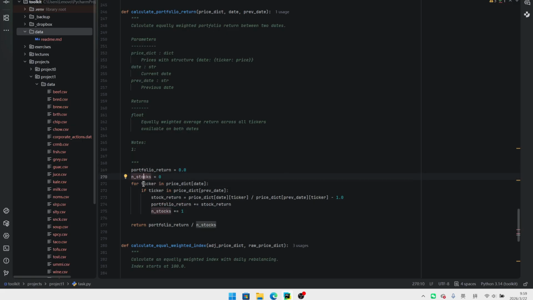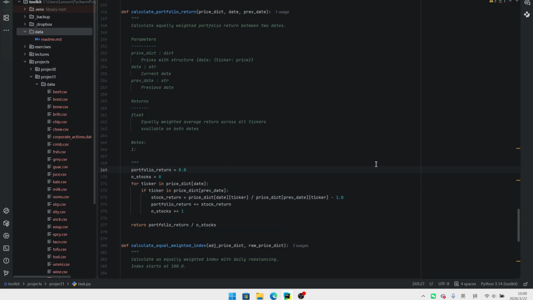Number of tickers is 0. For ticker in the price dictionary for the date, so it will be date, ticker, price. If I insert the date, it will give me the price. For ticker in the previous date, what is the previous date? The previous value.